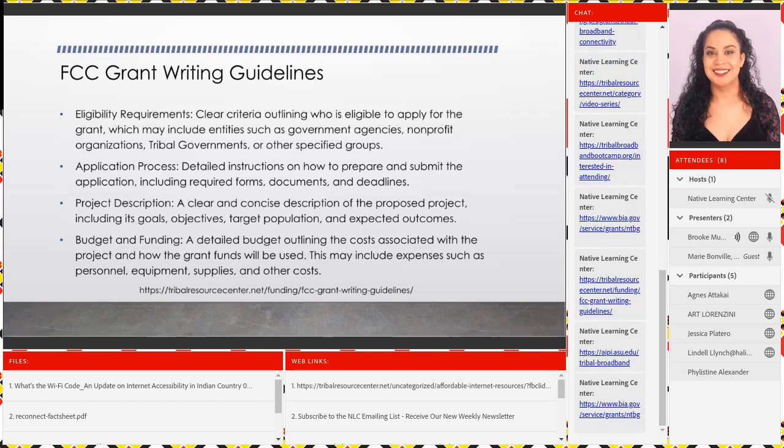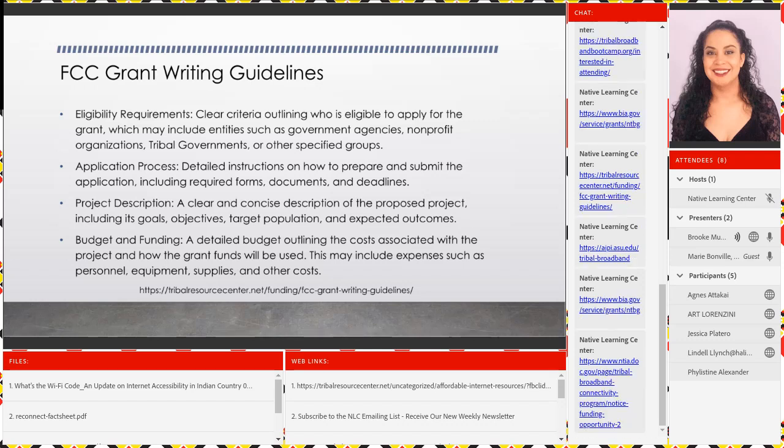But they're the same as writing any other grant. You want to make sure you're paying attention to the eligibility requirements. They're usually very straightforward, very specific, but you just definitely want to keep an eye on that. The application process can be very frustrating.